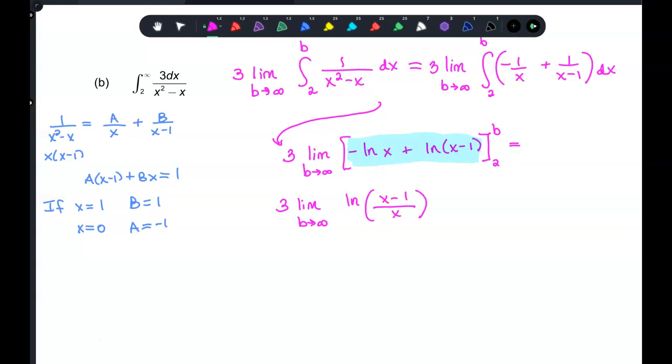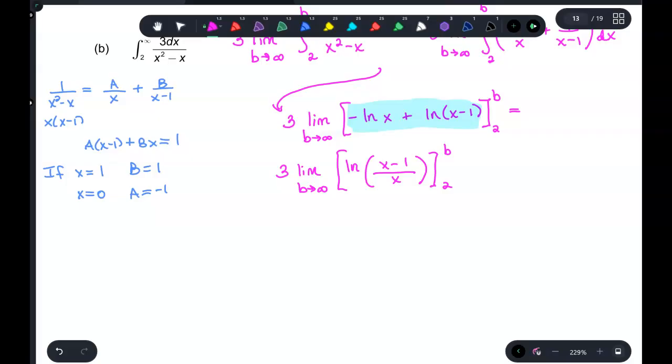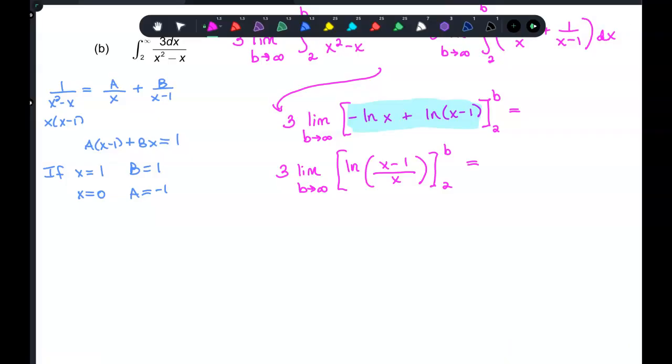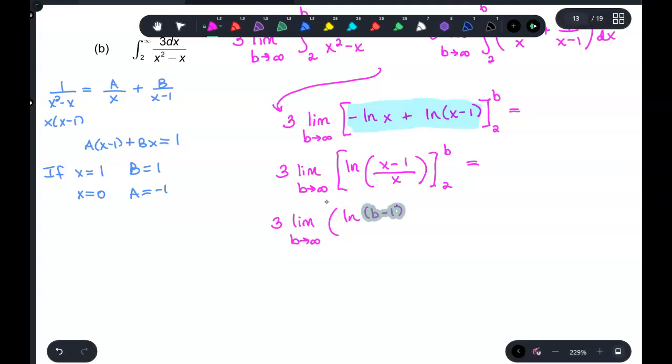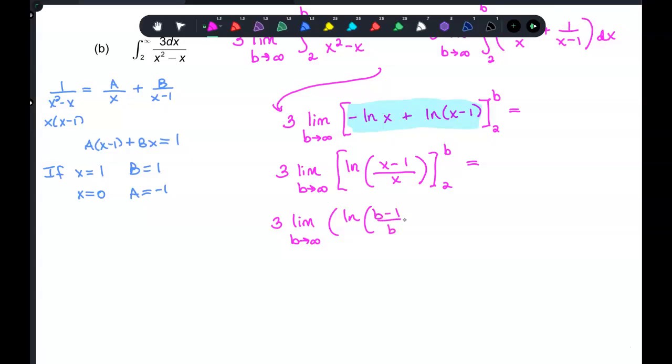Remember, anytime it's a subtraction, you don't have to do that, you could do it later or before, but I'm just going to plug it in here. I think it's easier. Now we can plug in. This is going to be natural log of b minus 1 over b minus natural log of 2 minus 1 over 2.